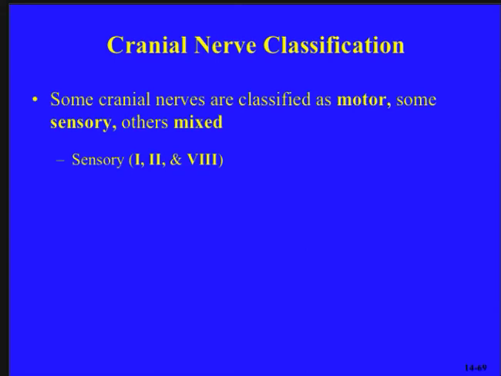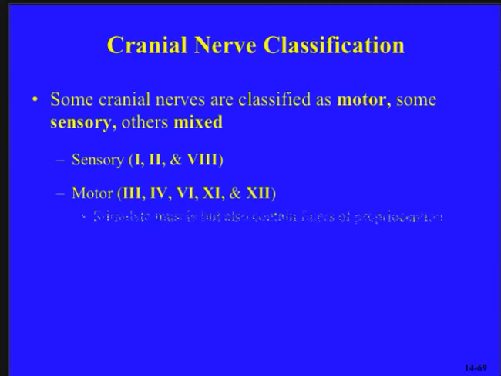So, sensory 1, 2, and 8, motor 3, 4, 6, 11, and 12. These stimulate muscle but also contain fibers of proprioception. So, again, a sense of body position and muscle tension, muscle tone information is also carried along these nerve fibers.